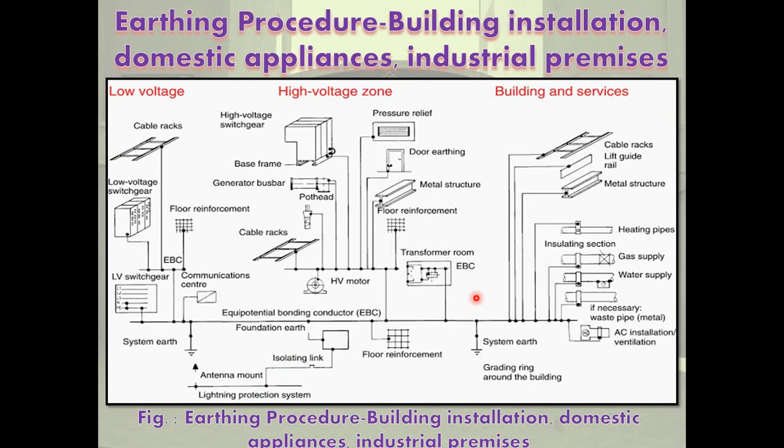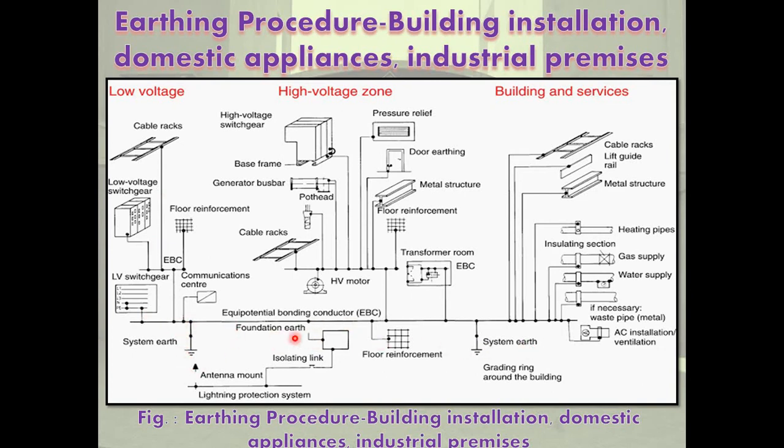Now, the earthing procedure of building installations, domestic appliances and industrial premises. Here is a low voltage zone, a high voltage zone and building services. In the low voltage zone, these are the cable racks, low voltage switchgear, LT switchgears, communication center and floor reinforcement. All are connected with the help of system earthing.